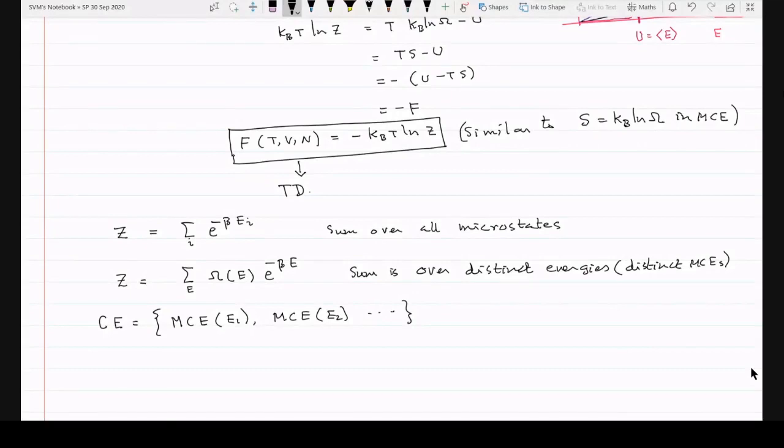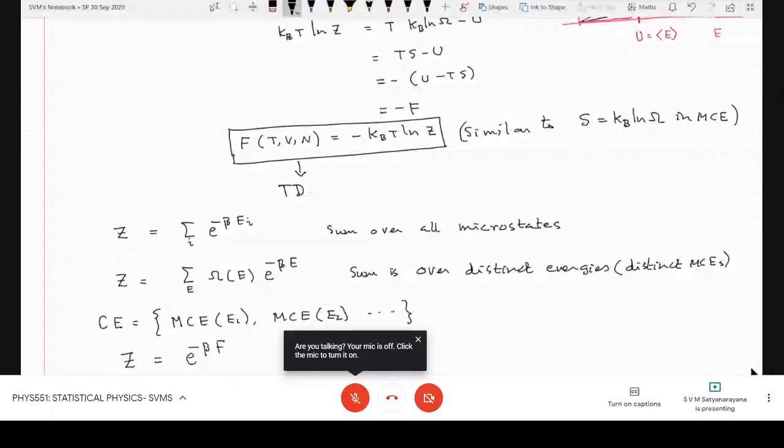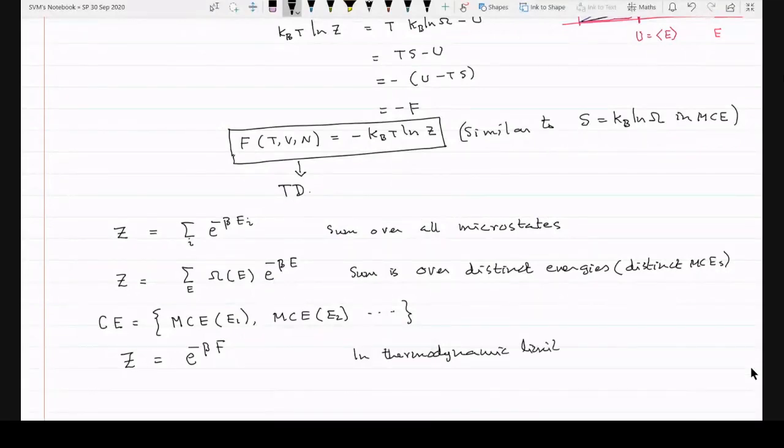And the third expression, just as we have seen, is e to the power minus beta into F. This is in thermodynamics. So you can see this is at a macroscopic level, this is at an ensemble level, and this is the sum over distinct microcanonical ensembles, and this is the sum over all microstates irrespective of the energy.